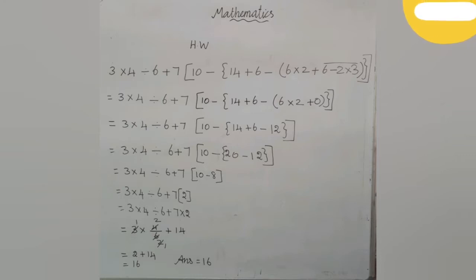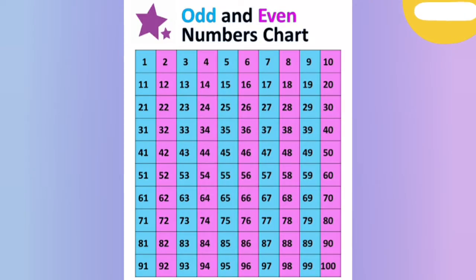Okay. Now can you say some even numbers? Yes, what are the even numbers? 2, 4, 6, 8, 10, etc. Can you say any odd numbers? Yes, 1, 3, 5, 7, 9, 11, etc. Okay, good. Now, even numbers are exactly divisible by 2, isn't it?